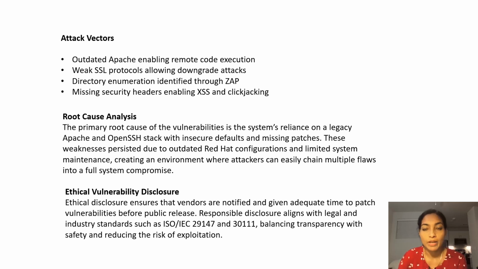full system compromise. The attack vector identified through the Nessus findings included outdated Apache components that could lead to remote code execution, weak SSL protocols that enable downgrade attacks, directory information revealed by ZAP, and missing security headers that expose the system to XSS and clickjacking risks.